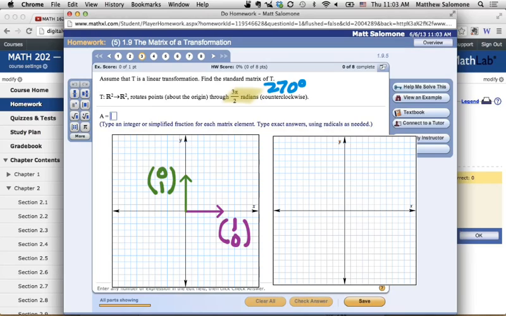So if I take the vector 1, 0, and I do this to it, where does it go? If I rotate it 270 degrees counterclockwise about the origin, where does it end up?